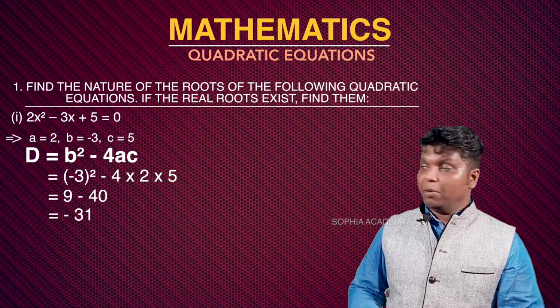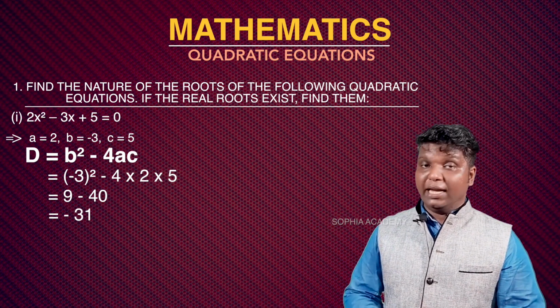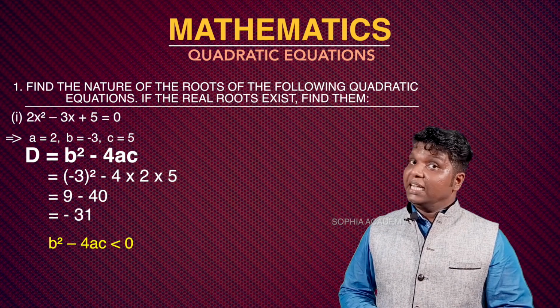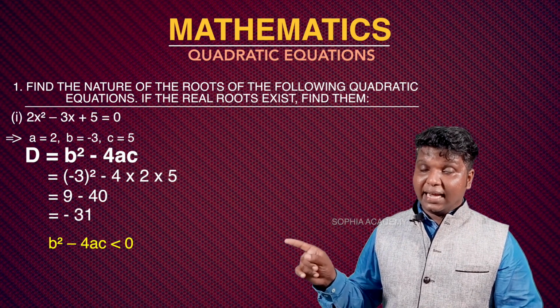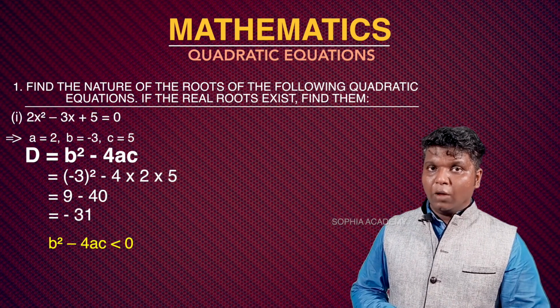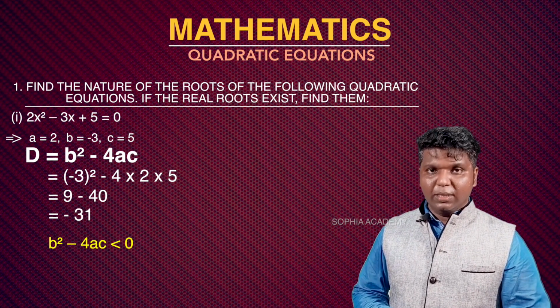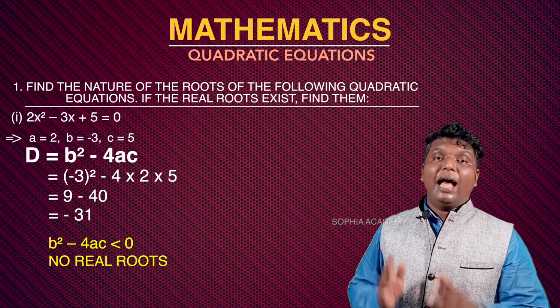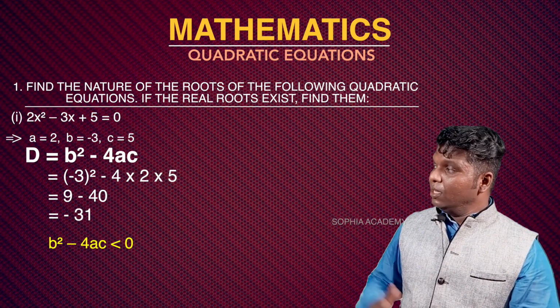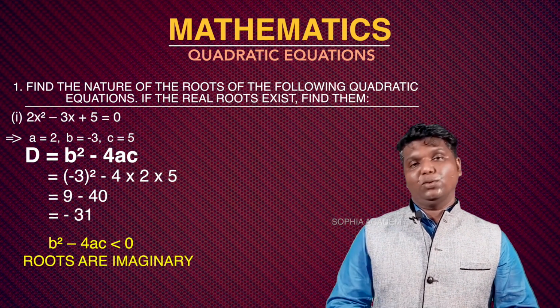It is minus 31, because smaller number minus bigger number will be a negative number. So now tell me, what about the b square minus 4ac? It is a negative number, so it's less than 0. So what will you conclude about the nature of the solution of this given quadratic equation? You will say that they are not having any real roots. You can write like this, or you can write like this also: they are having imaginary roots.